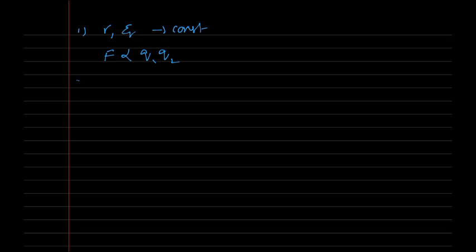Now coming to the second case. In this case, I'm keeping the charges constant, and the electric medium also constant. Then I can get the relation between force and the distance between the two charges. So from this relation we can conclude that as the distance between the two charges increases, the force between the two charges decreases, and vice versa.